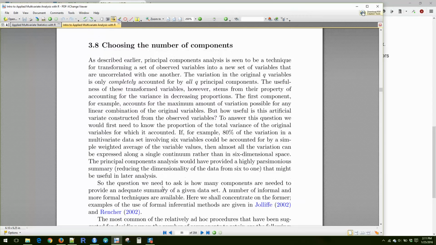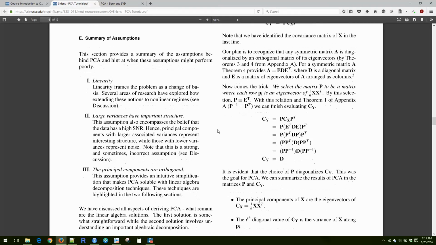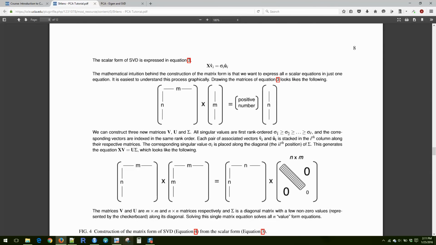All right, so just to illustrate what's going on here, this actually has a nice diagram.